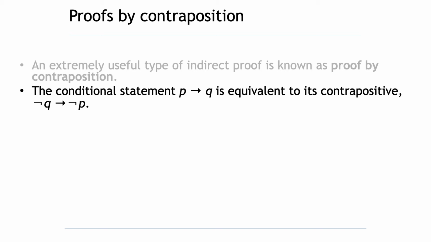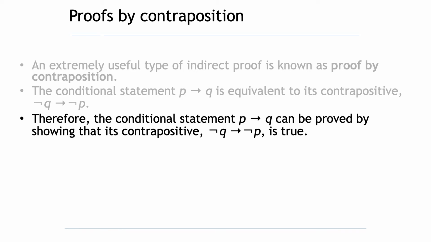In other words, the conditional statement P implies Q is logically equivalent to its contrapositive, not Q implies not P. Therefore, the conditional statement P implies Q can be proved by showing that its contrapositive, not Q implies not P, is true.